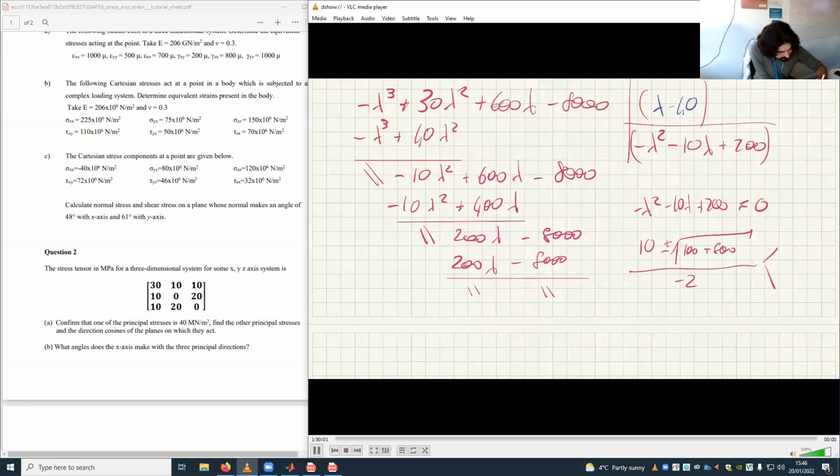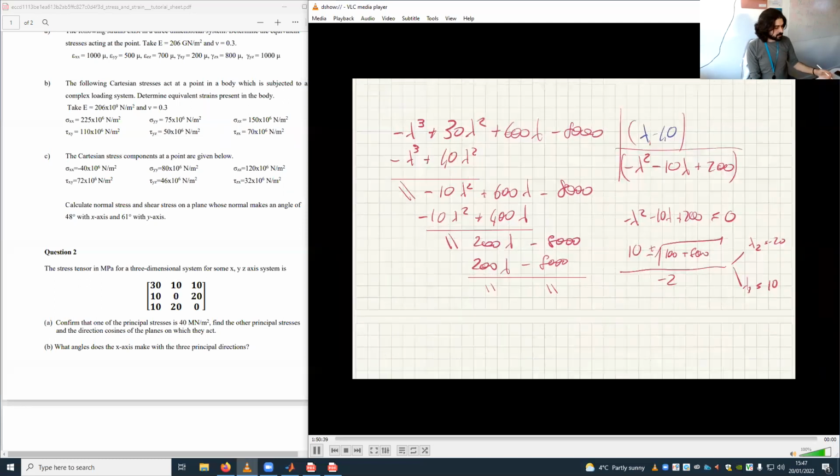And this is equal to 10 plus or minus the square root of 900, which is 30. So 10 plus 30 is 40 divided by -2 is -20. So, let's call this lambda. Lambda 2 is -20. Lambda 1 is 40. Lambda 3 is 10 minus 30, which is -20, divided by -2 is +10.